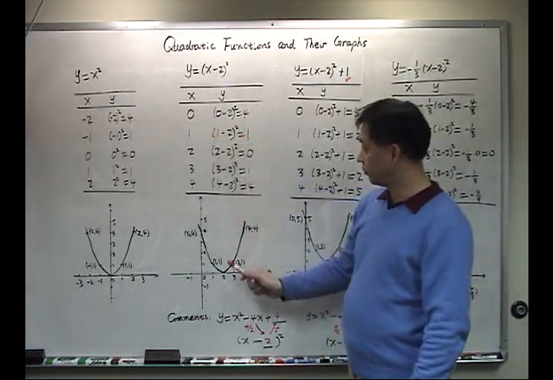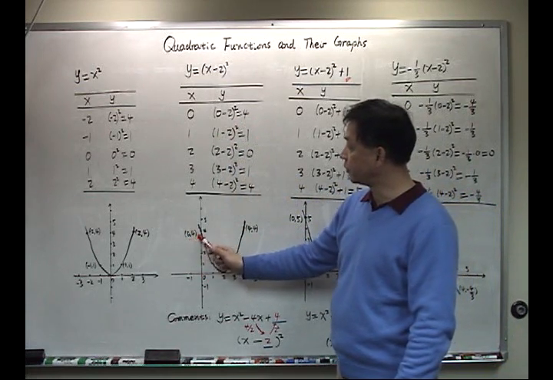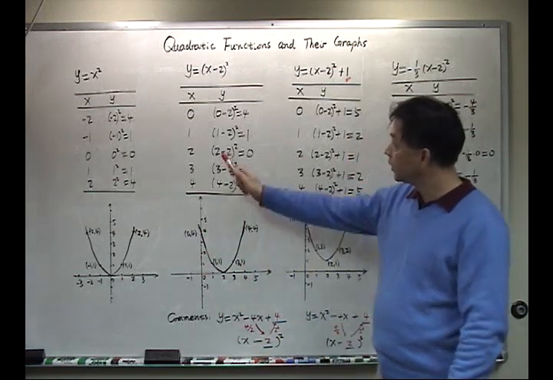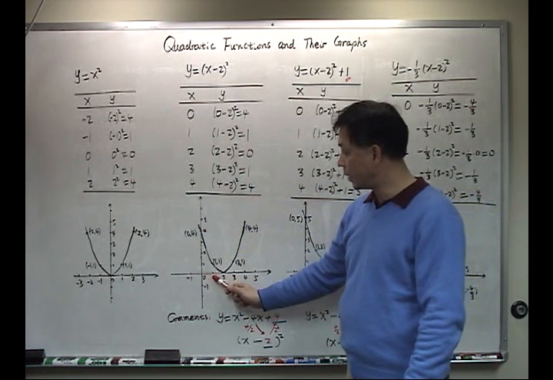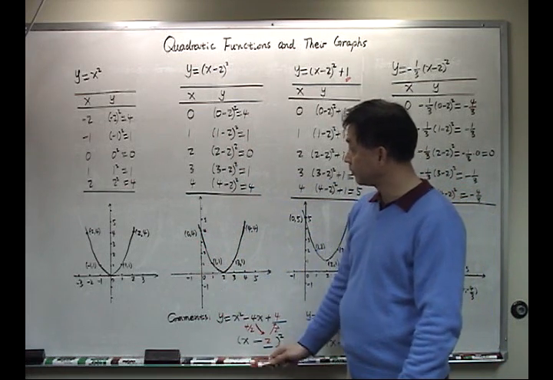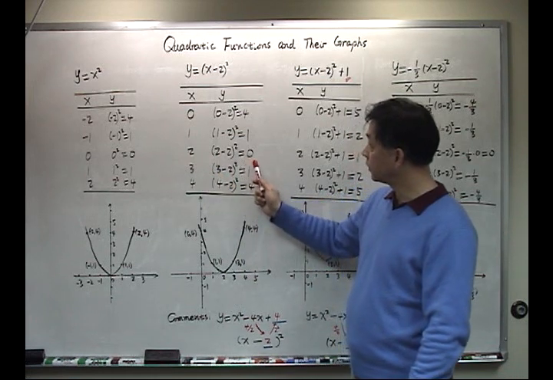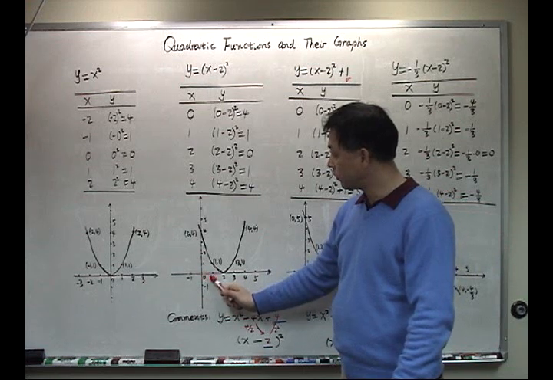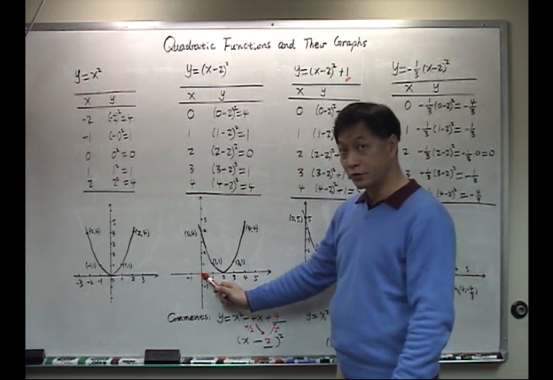0, 4. X is 0, y is 4. So 0, 4 is this point on the y-axis. 1, 1 is the second point. X is 1, y is 1. X is 2, y is 0. So x goes 2 units, y is 0, so y didn't move.